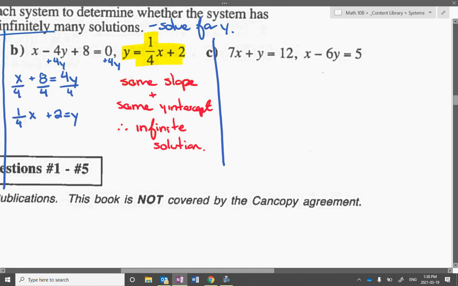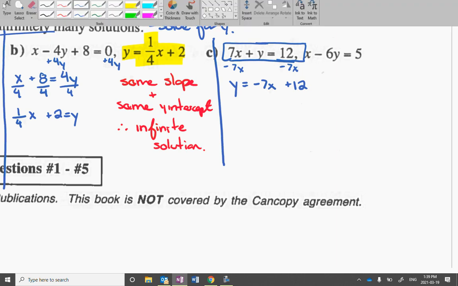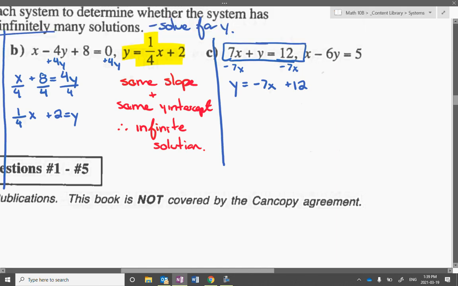Okay, this last one, we have to solve it twice. They weren't as generous on this one. So my first equation, I'll do in blue, I'm going to subtract 7x from both sides. So then I get y equals negative 7x plus 12. Second equation, slightly more work. So I'm going to subtract an x from both sides.